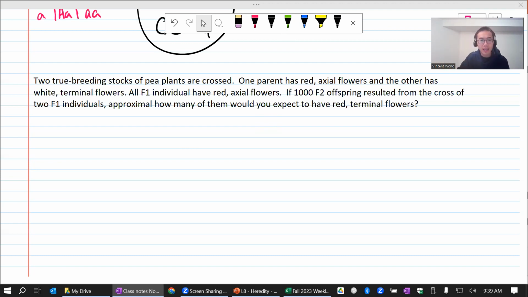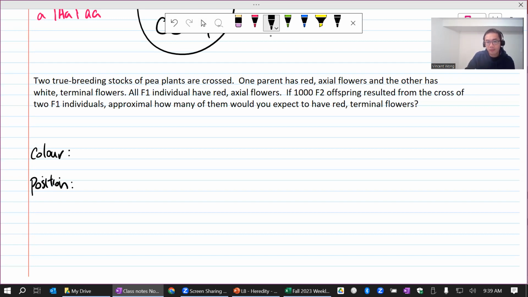So we have 2 plants that are purebred. One parent has red and axial flowers, and the other has white and terminal flowers. So we can write down the traits, color and flower position.